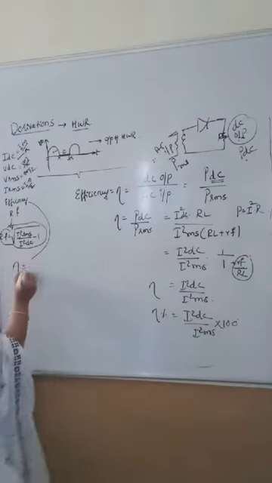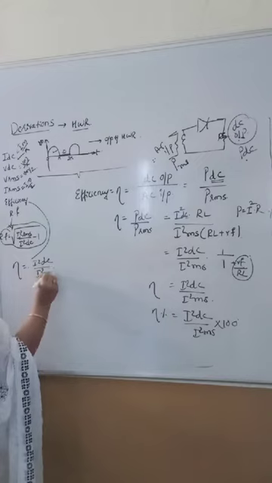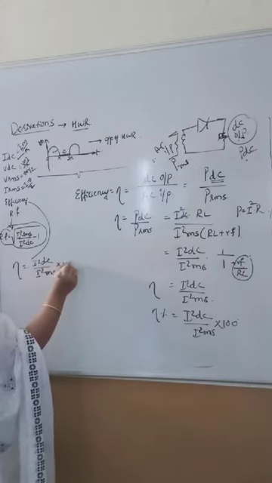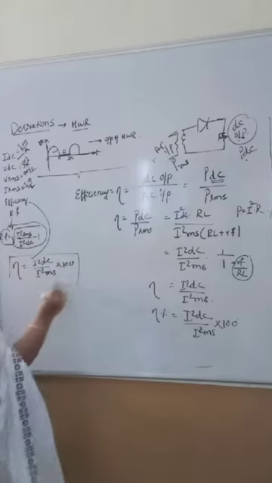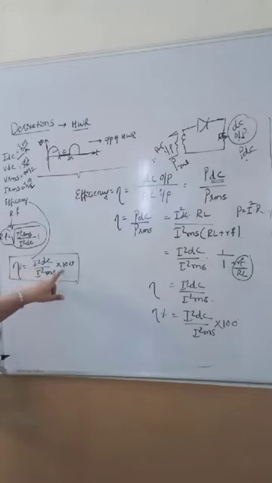So the ripple factor is the root of I square RMS divided by I square DC minus 1, and efficiency is equal to I square DC divided by I square RMS into 100. This is for efficiency in terms of percentage.